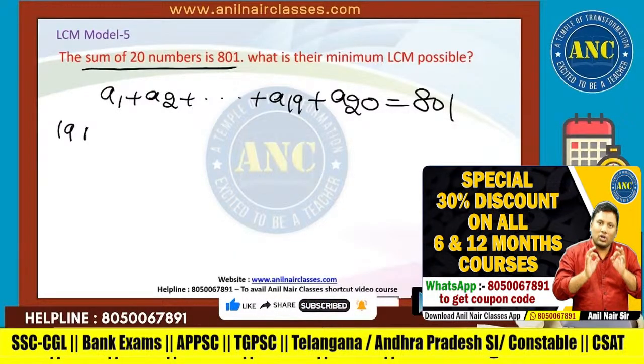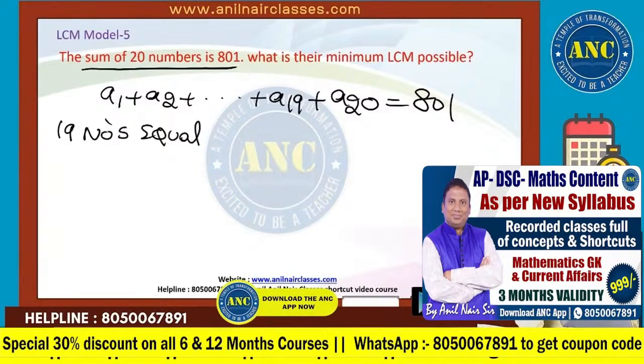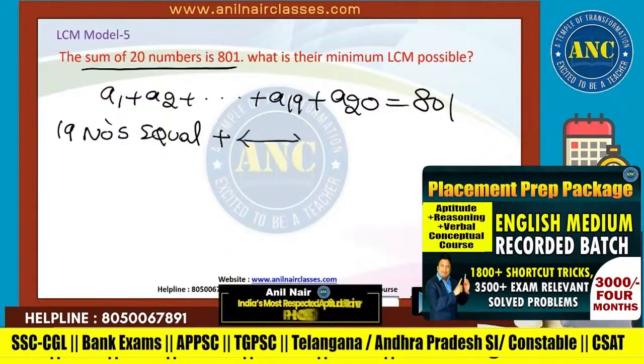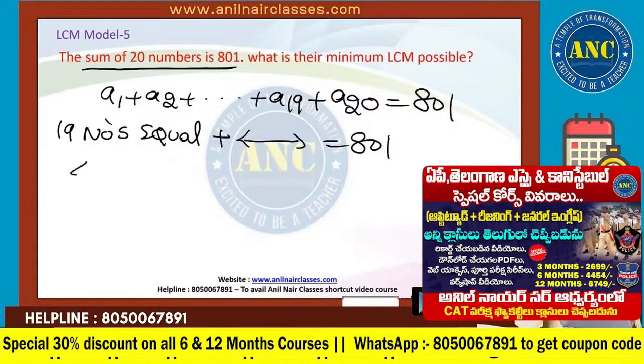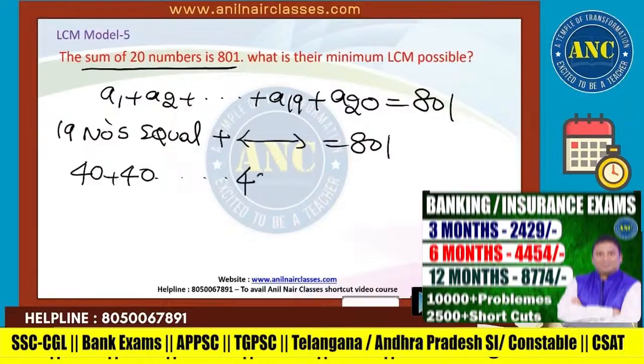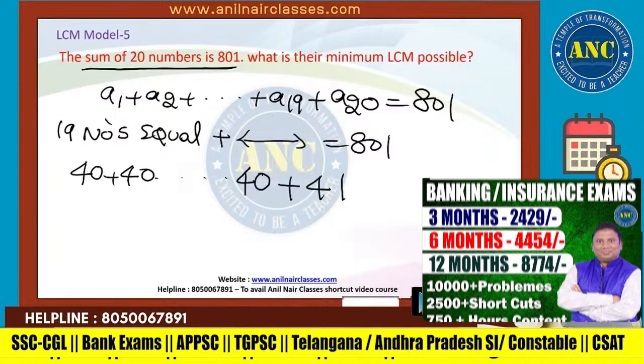So 19 numbers equal, plus the other number to give you 801. If I take 19 numbers as 40, 19 times 40 is 760, remaining is 41.